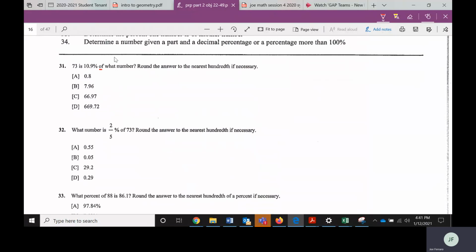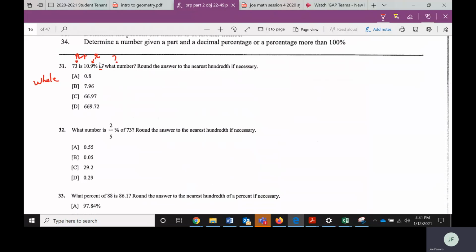After the word of is what we don't know. So what we're looking for here is the whole. That means 73 is the part, and 10.9 is the percent.